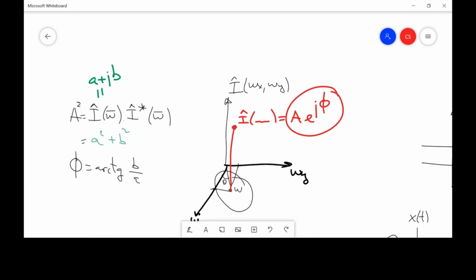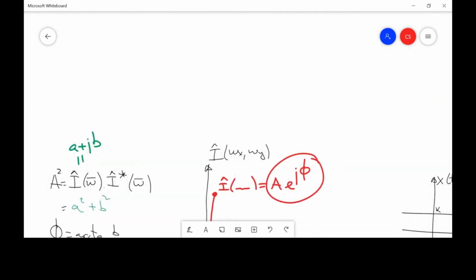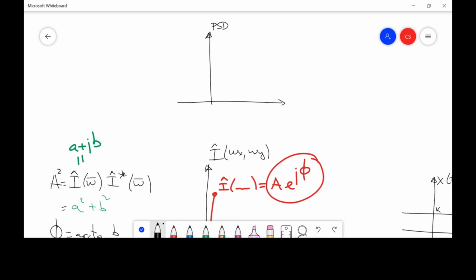So let's say that we have calculated a Fourier transform. You may remember the expression power spectrum density. In one dimension, it looks like this. So we have here power spectrum density, and the power spectrum density depends on omega. Let's say it is something like this.